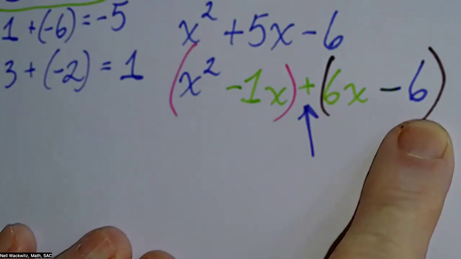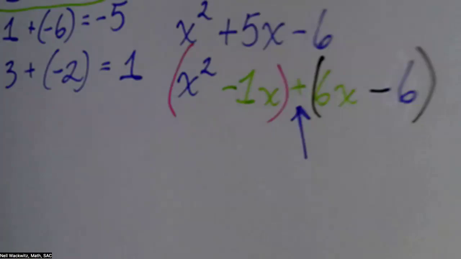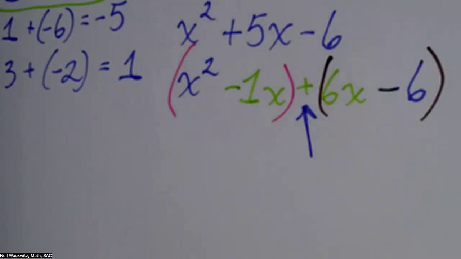Why can't I just slap a second pair of parentheses without being careful?